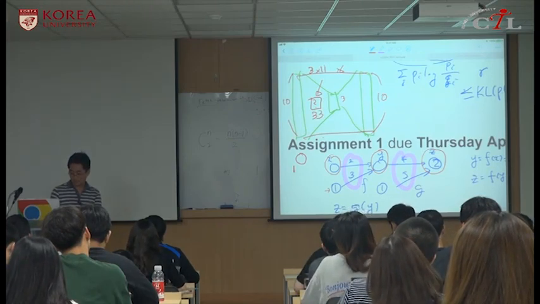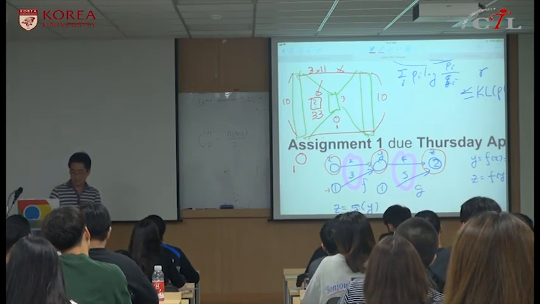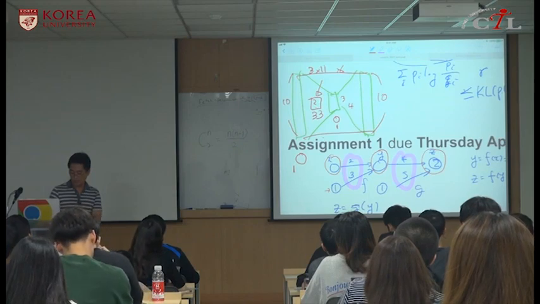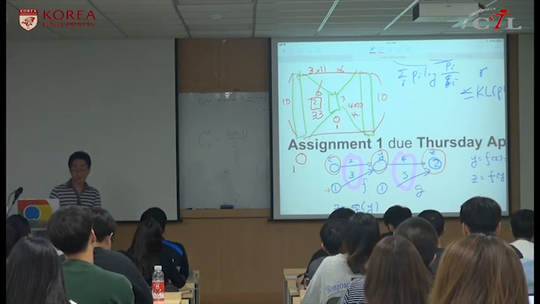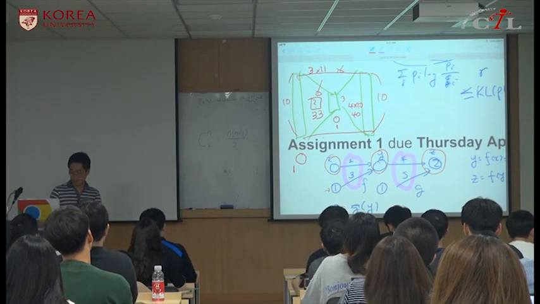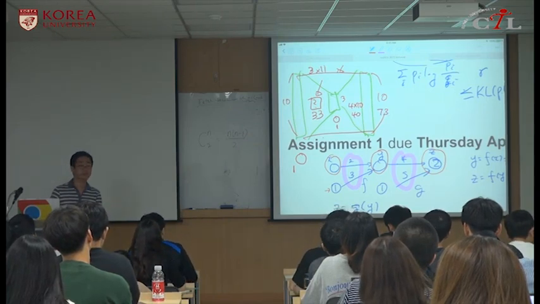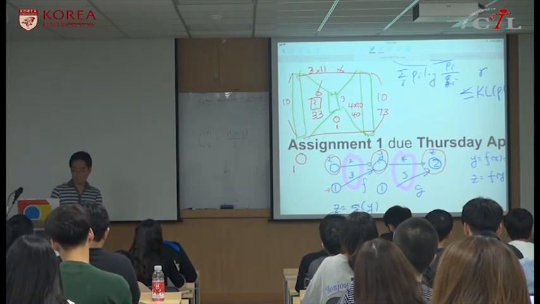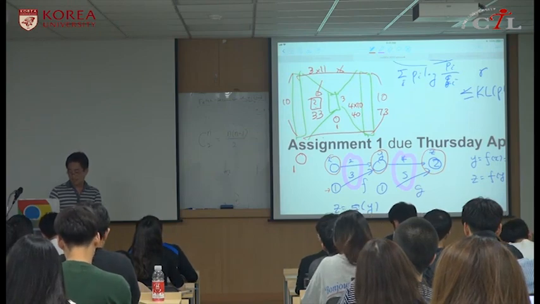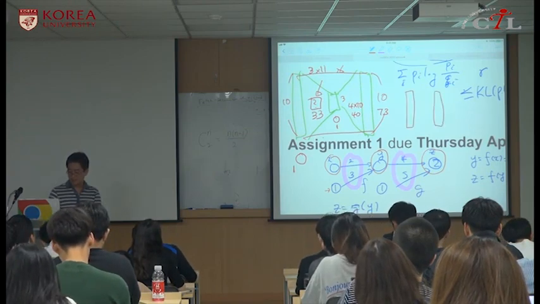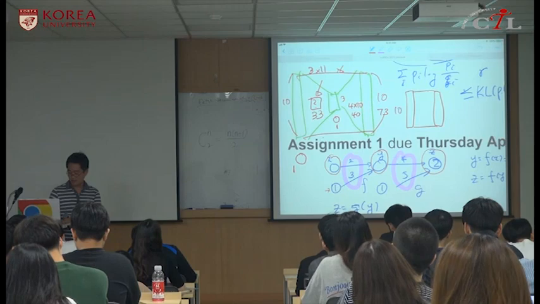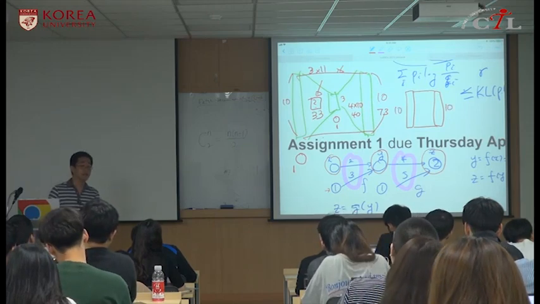And similarly, with the additional bias node, 4 times 10, so 40. So in total, 73 parameters, right?